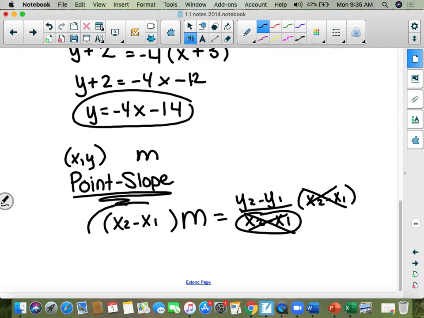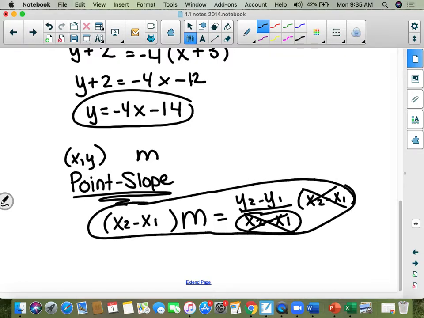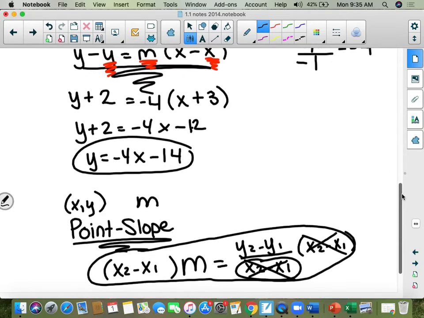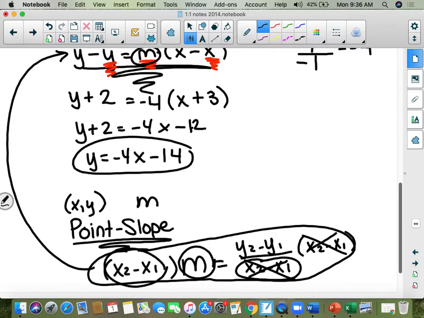If you look at this, and you look at this one up above, it's the same thing, except it's reversed. The m is here, the m is here, you still have the 2 x's, and you have the y and the y. You've known this formula since you learned m is equal to y minus y over x minus x. So that is where they got this formula, and that is why we're going to use this for the rest of the year.